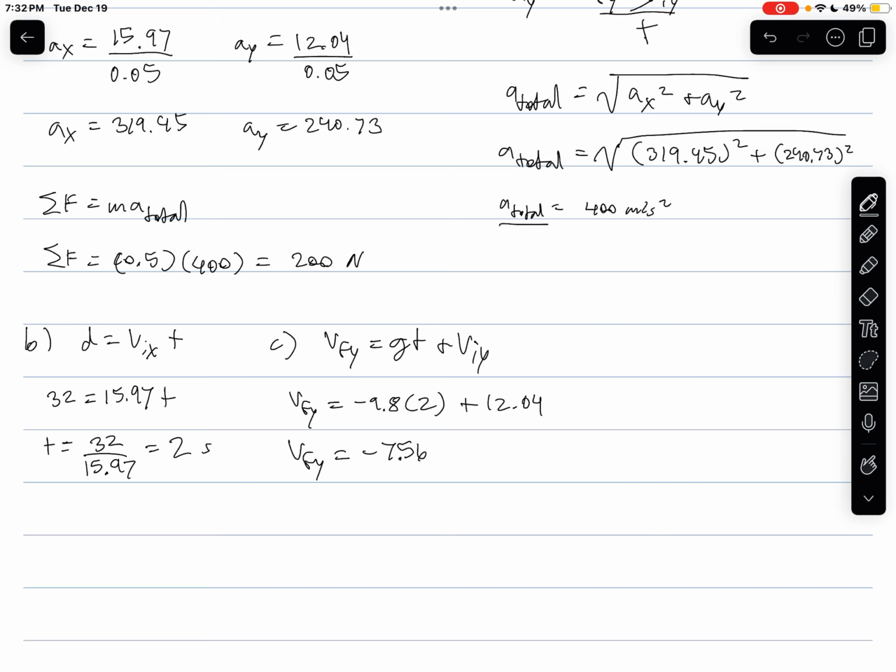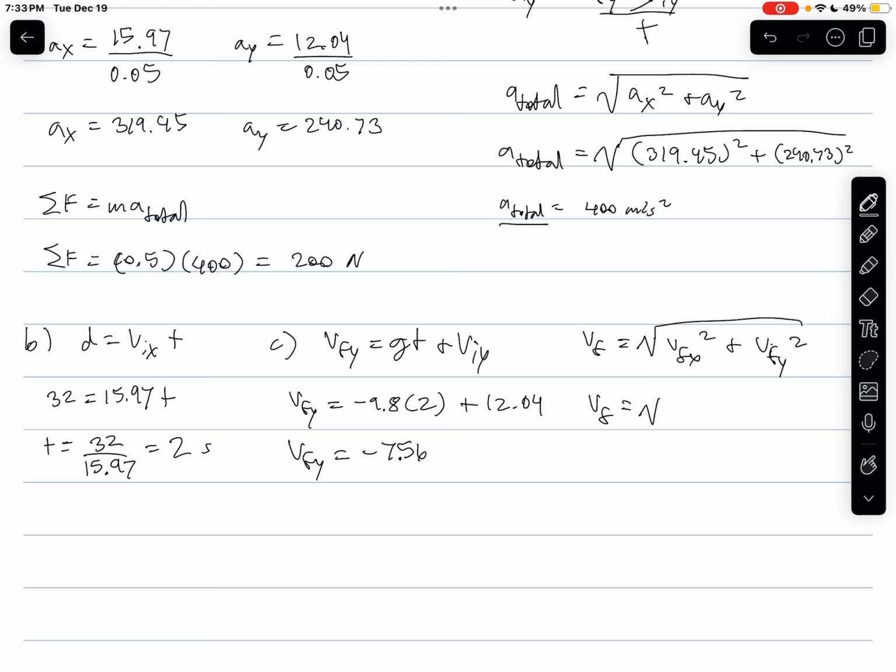Now this is not the instantaneous velocity because it's only the velocity in the y when it hits the fence. To find the instantaneous velocity, it's like a total before, because of the Pythagorean theorem. So to find the final velocity, you have to do the square root of VFX squared plus VFY squared.